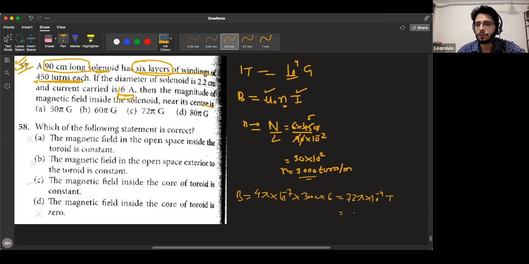To convert this in Gauss, just multiply this with 10 raised to the power 4. So 72 pi Gauss. Is it clear, Arpit, Miraj? Yes, sir. Good.